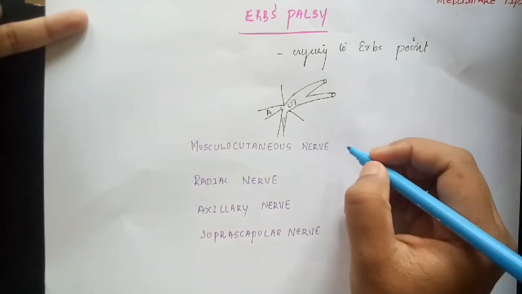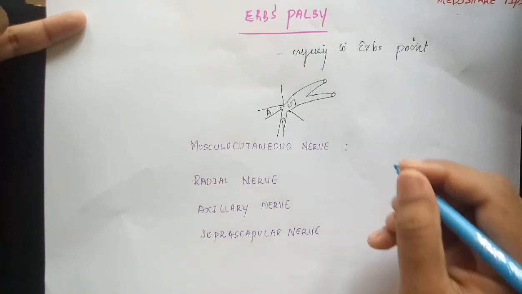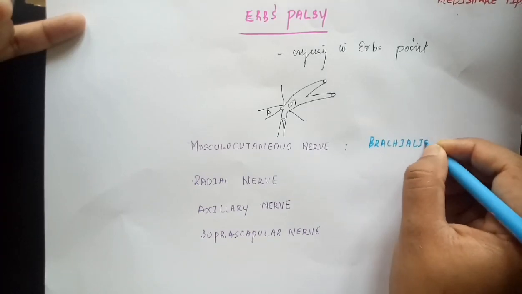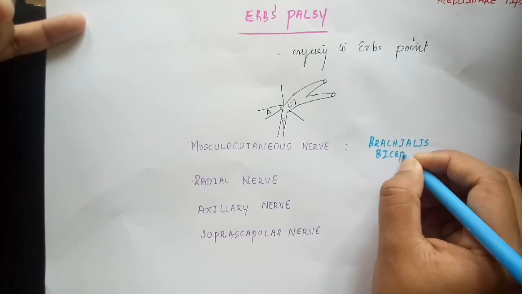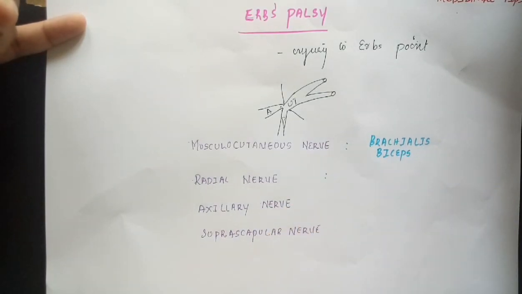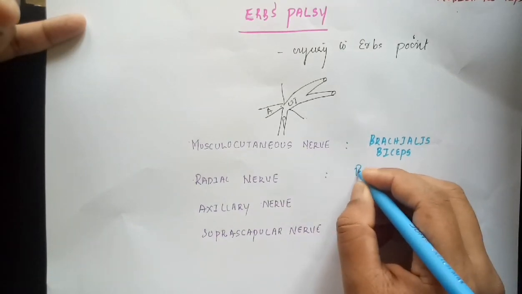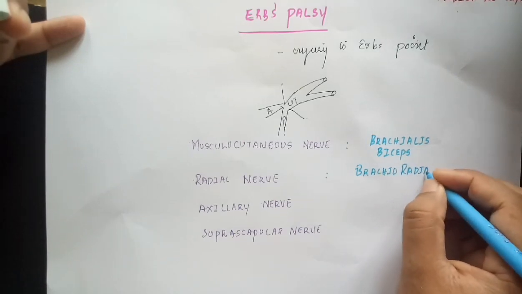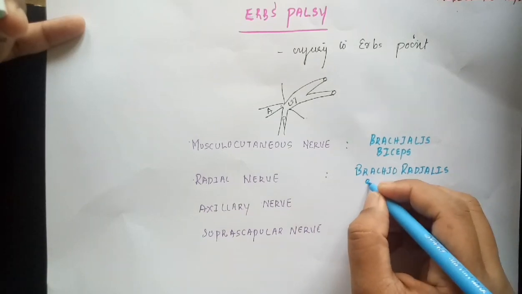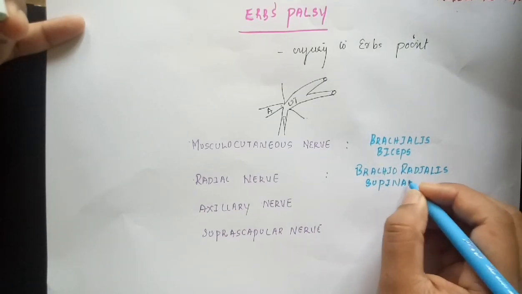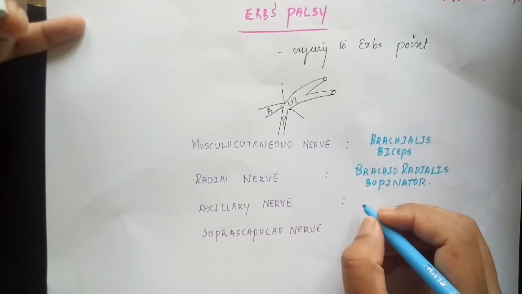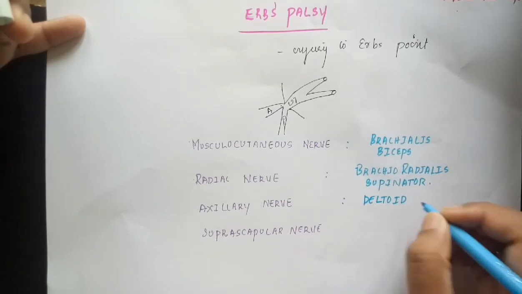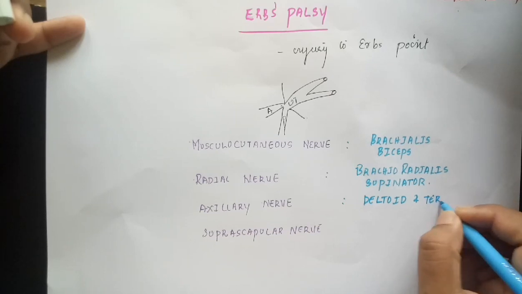As the musculocutaneous nerve is affected, muscles supplied by it like brachialis and biceps are affected, and some muscles supplied by the radial nerve like brachioradialis and supinator are affected, and muscles supplied by the axillary nerve, that is deltoid and teres minor, are affected.